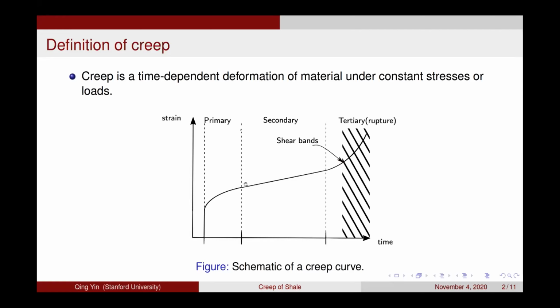First is the primary stage, where you have a decreasing strain rate, and then you enter the stabilized stage, which is also called the secondary stage. You have a very constant creep rate, and sometimes the material will enter the third, tertiary stage, where failures like shear bands or fractures will happen.